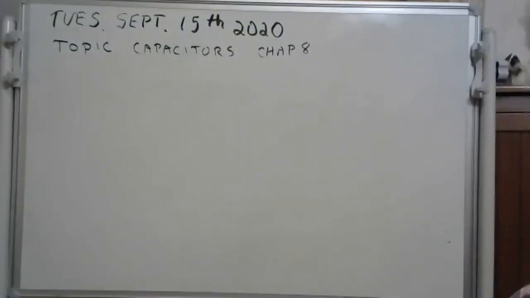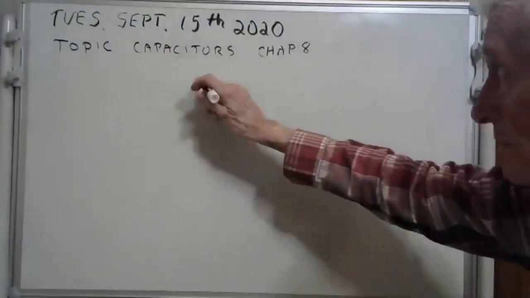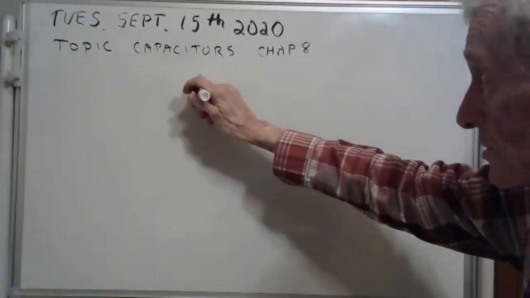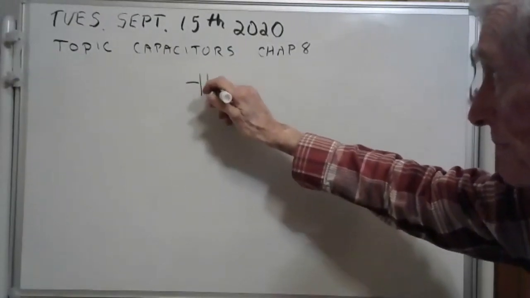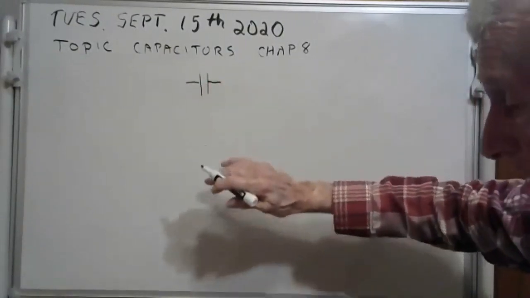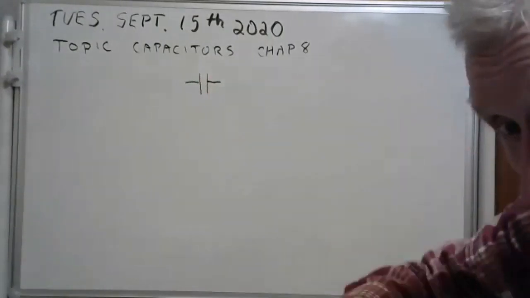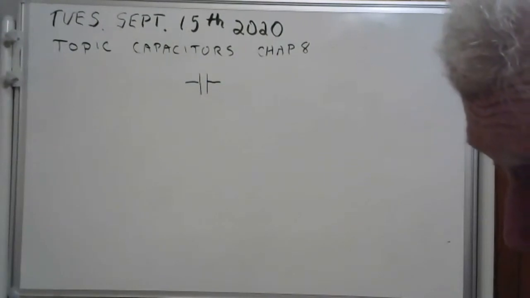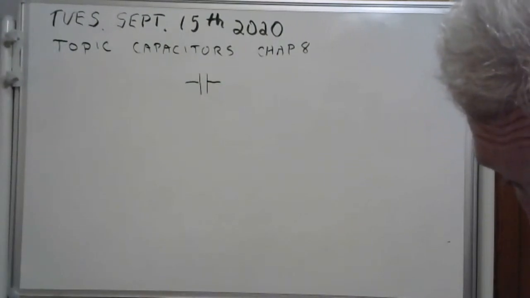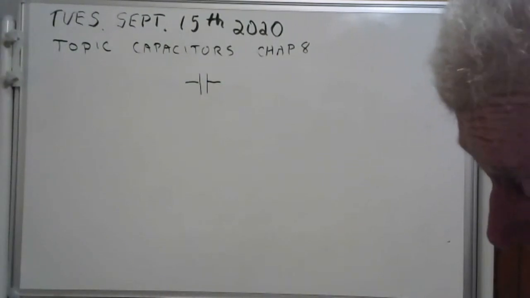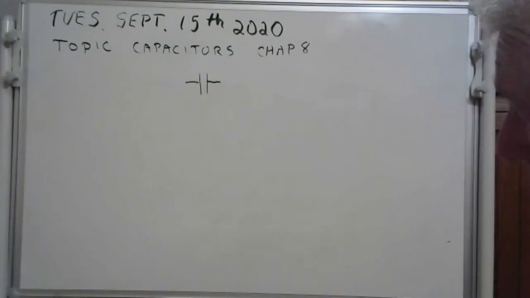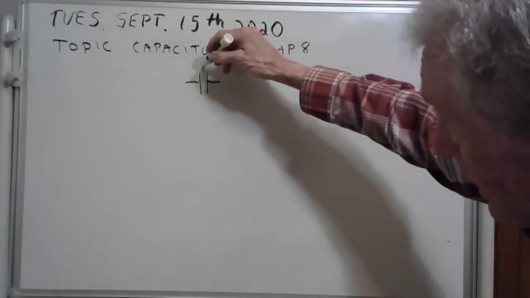Now, when they draw these parallel plate capacitors like this, they're implying that there's nothing inside here, that it's just empty, okay? You might have some air or a vacuum, but there's nothing in there. But when I made my capacitor, do you remember I put paper in there?